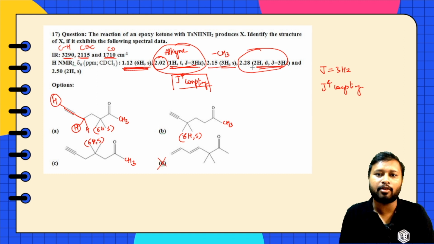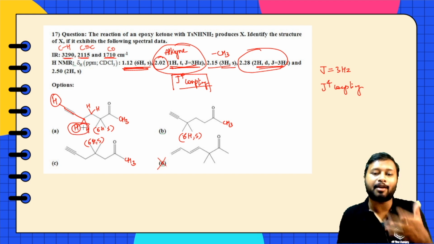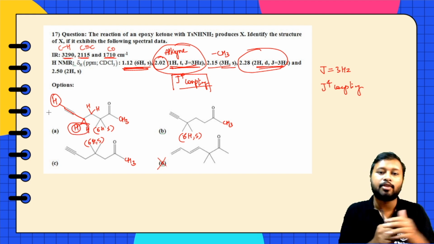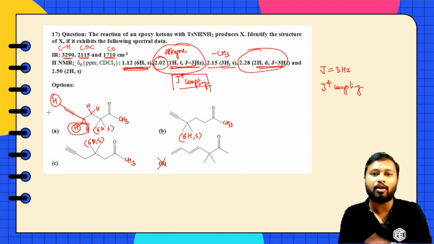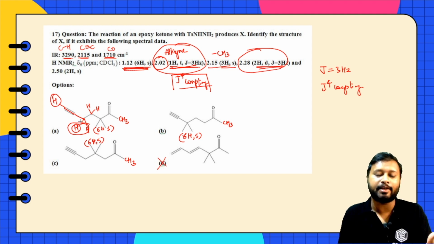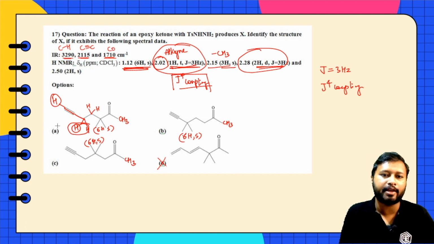No. Because they are attached to these two and also this one, they will couple with a total of 3 hydrogens. They should give you a quartet, not a doublet.